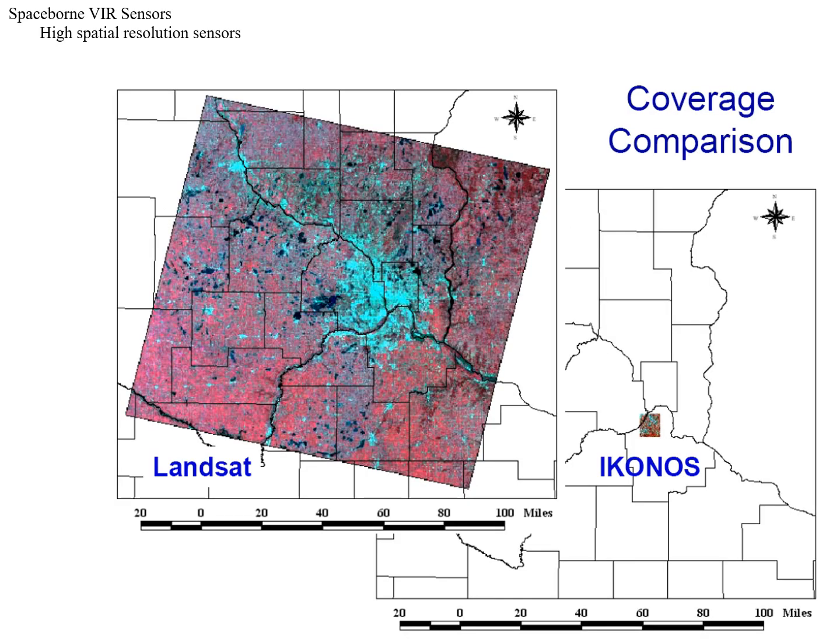And so this gives you an idea of the coverage, what a single Landsat scene looks like on the Front Range. That's Denver there, versus Ikonos. And you can see it's just, there's nothing like it. So in general, you're going to try to avoid using something like these high spatial resolution systems unless money is no object.